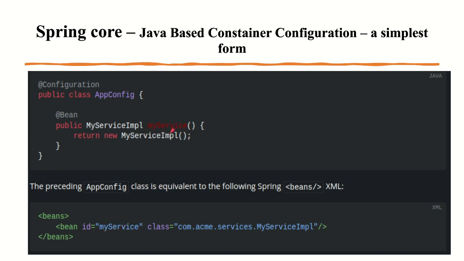So you have a method called myService, and it returns a new object whenever it is called. Now this is a configuration which has been done. We have a method which returns a particular object, and we have defined that method as a bean. So it is equivalent to writing the XML file configuration, and it is equivalent to writing a Java based configuration file.